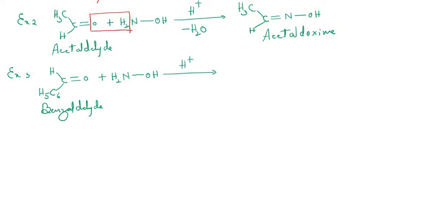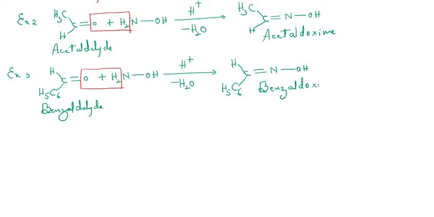In the presence of H plus, there is a loss of a water molecule, so that we can see here, right? And our product will be H single bond C, then C6H5 double bond N, then OH. So this compound or the product formed is called benzaldoxime.